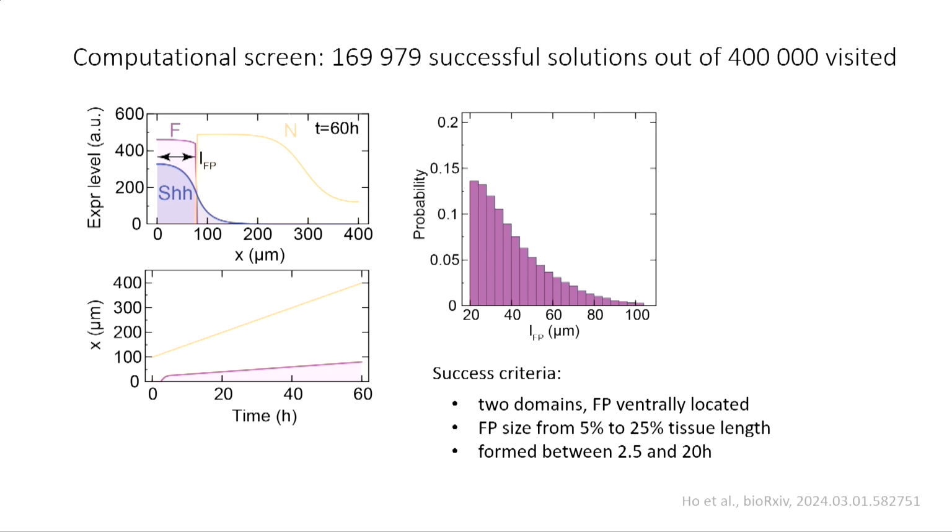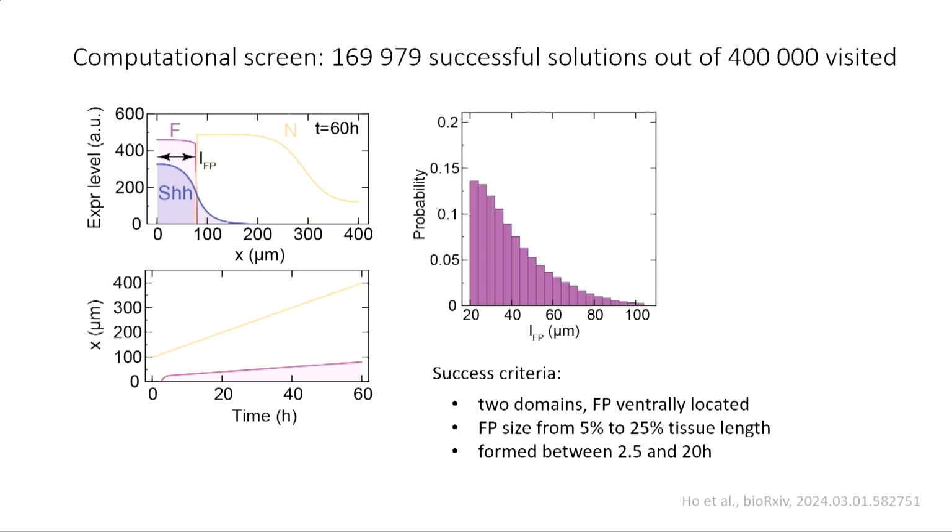We didn't want solutions where the floor plate would take over the whole domain, and also that is formed in biologically realistic times. This is at 60 hours, so that's when the simulation ends, taken from one of the outputs.